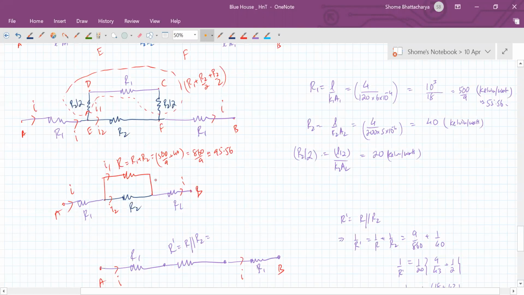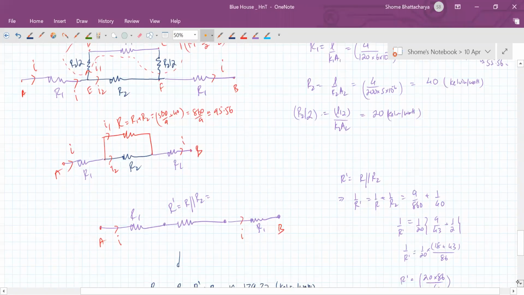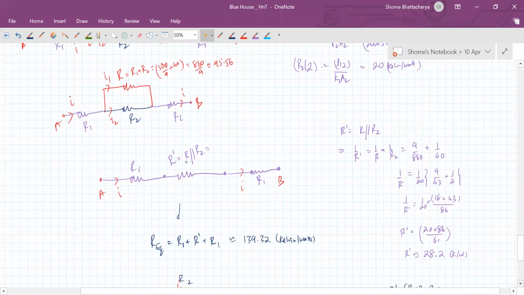Okay. So that's how we have got this R from the series combination. Then this R and R2 are in parallel. So we got this R prime from the parallel combination to be. Okay.